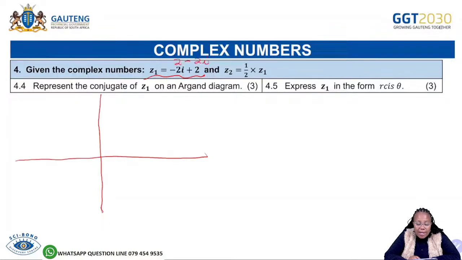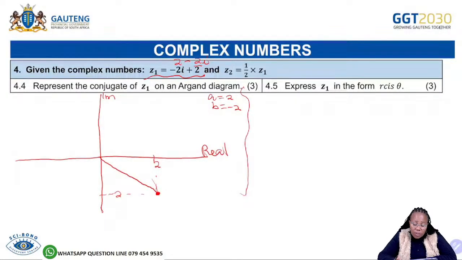That means the A value, the real part, is positive 2, and the imaginary part is negative 2. So A is equal to 2, B is equal to minus 2. So this will be plotted at this point. The diagram will go from 0, 0 to that point. That is the Argand diagram for that particular equation.